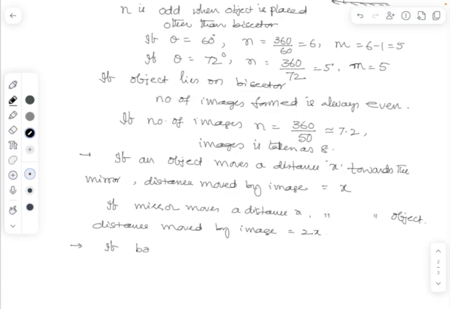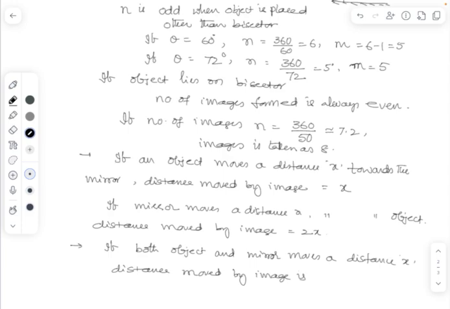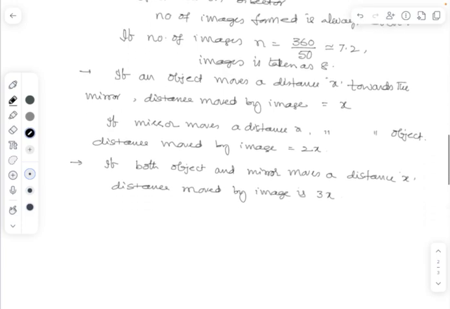If both object and mirror move a distance x, distance moved by image is 3x. Similarly, velocities also.